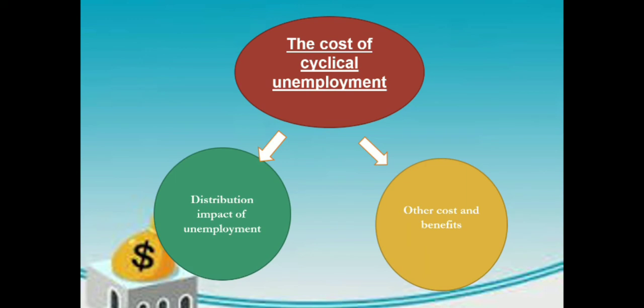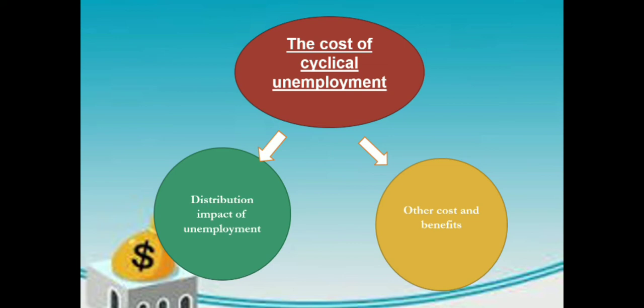As we can see here, there is the distribution impact of unemployment, and the second one is other costs and benefits. Before we know about these two, we should know about the cost of cyclical unemployment first.